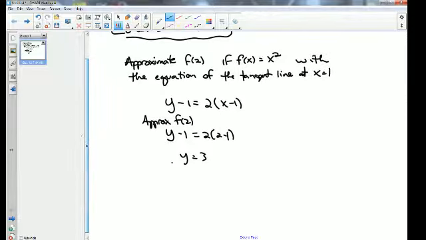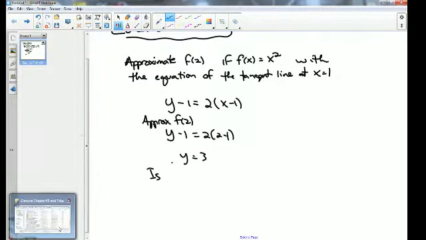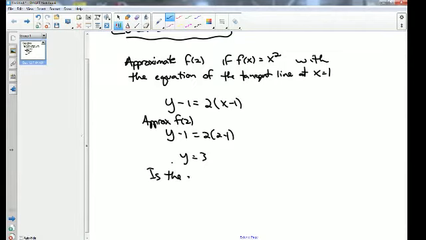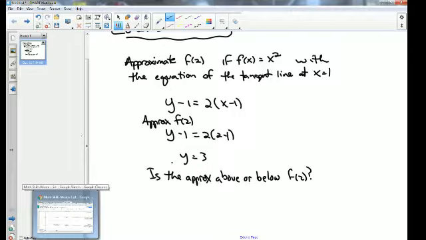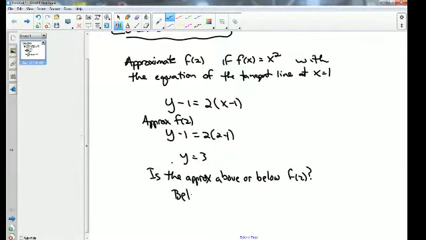Is the approximation above or below f at 2? Would it be below because concavity is up?